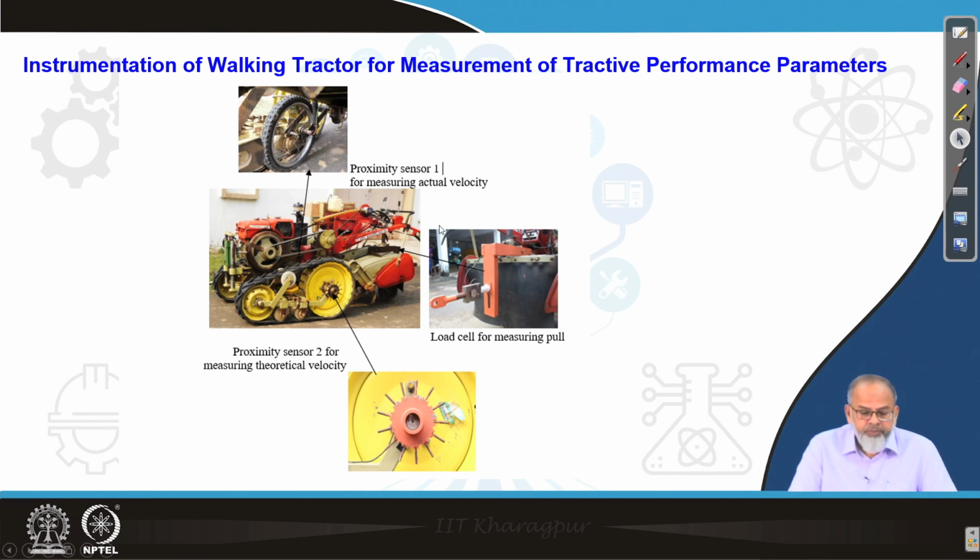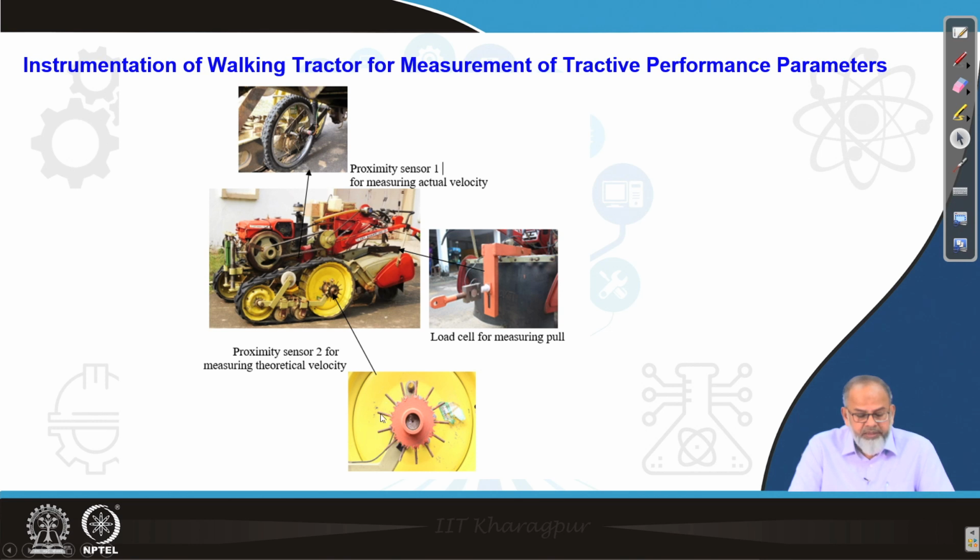The other important component is the actual wheel speed. For this you need to know the theoretical speed and the actual speed. For measuring the theoretical speed, we have put spikes here, and you can see I have enlarged that.